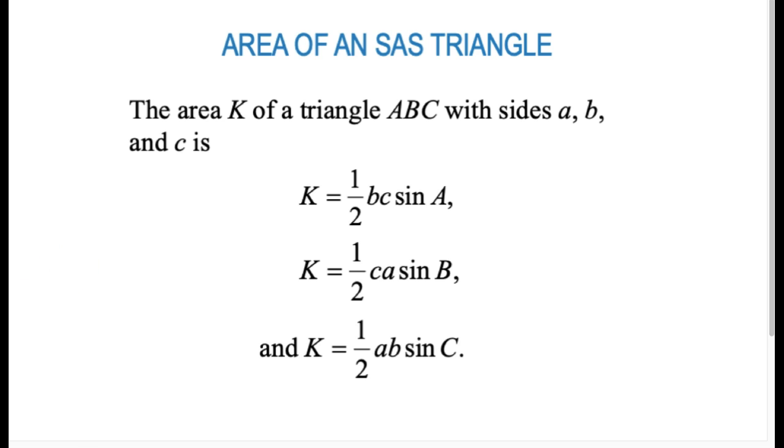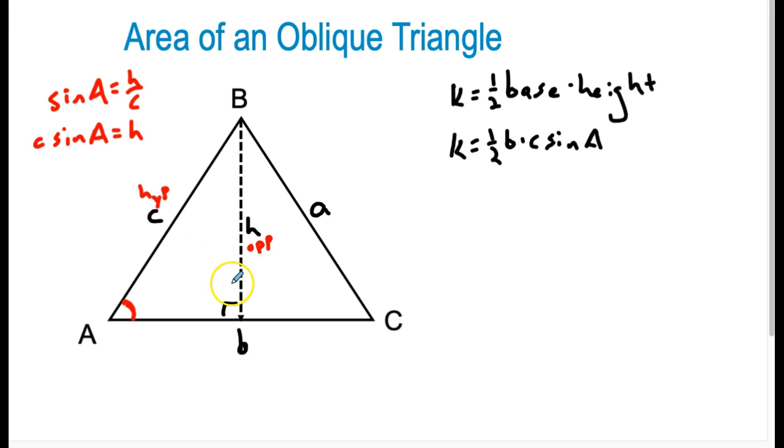If we look at the information that we used, we used sides C and B in this example and angle A. This would be a case where we are given side, angle, side: two sides and the angle in between them. This is how we would find the area of that triangle.